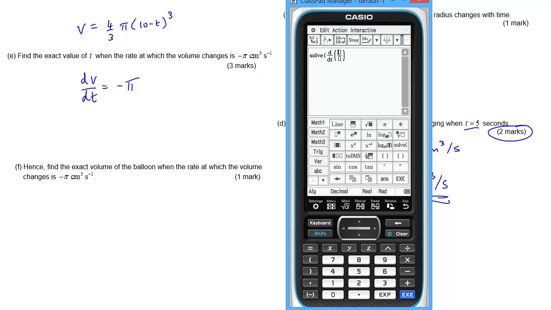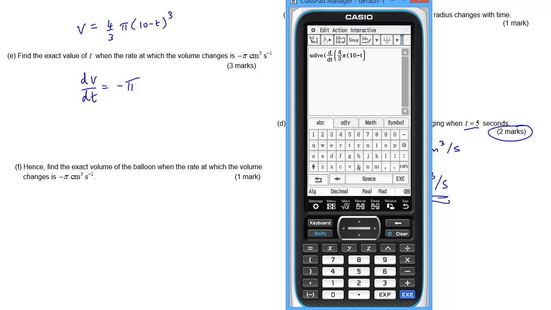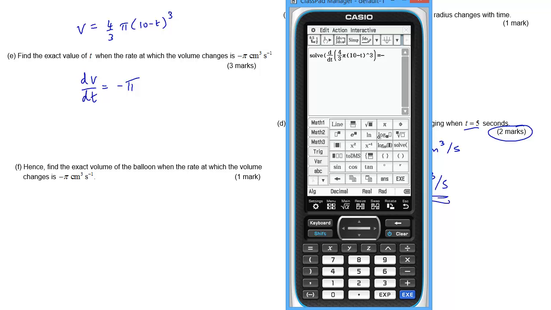And so in here we'll put in the 4/3 π, open bracket, 10 minus t, that needs to be cubed, and then we need that to be equal to negative π.